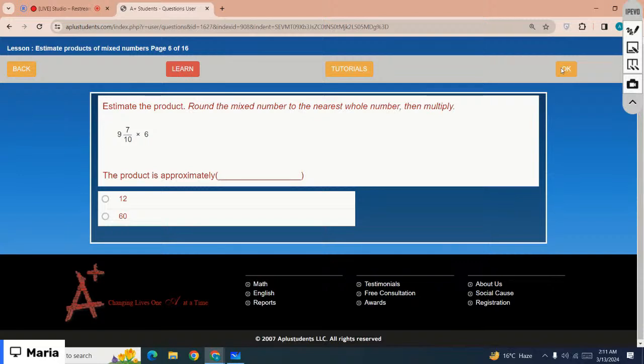So you have to do 10 times 6, and 10 times 6 equals 60. The correct option is 60. Got it? Let me move on to the next slide.